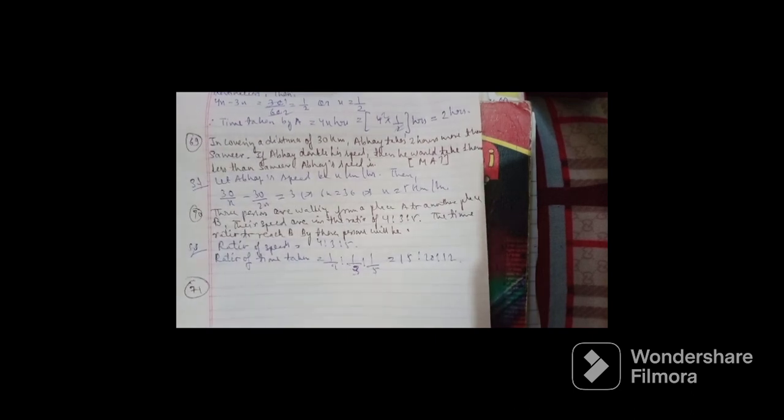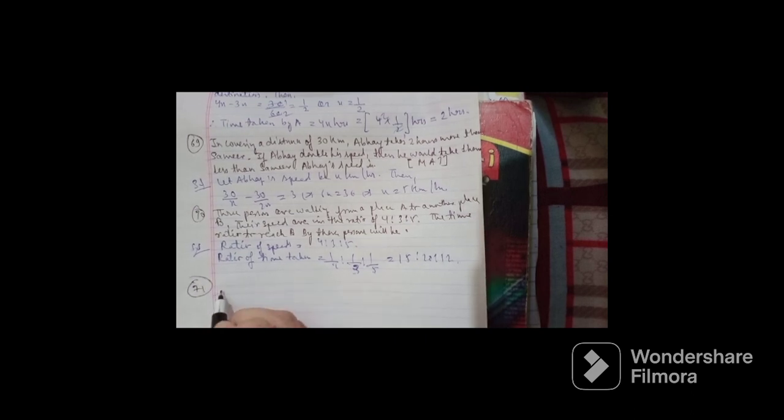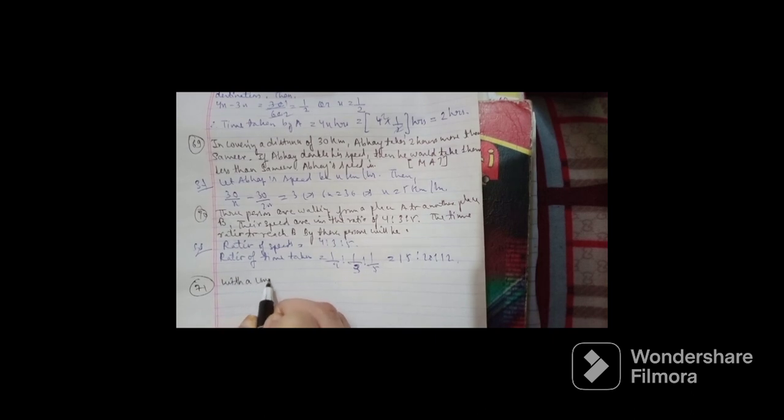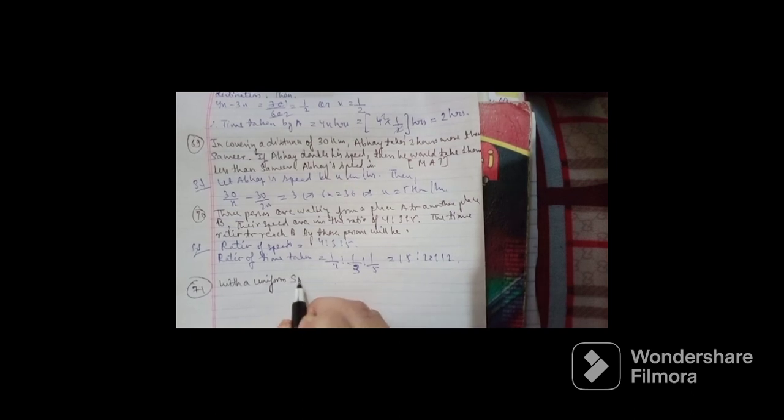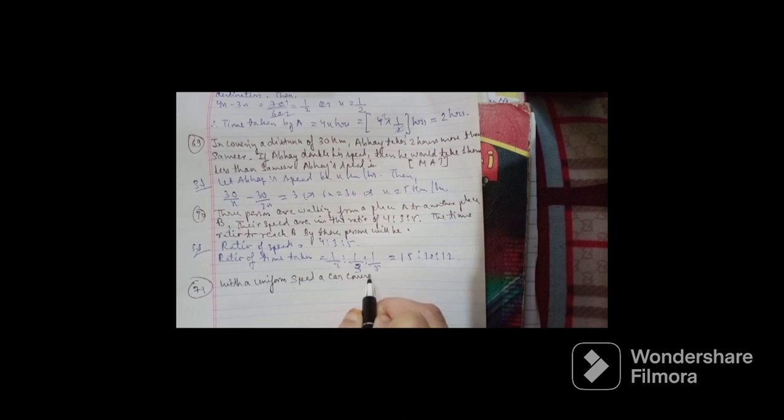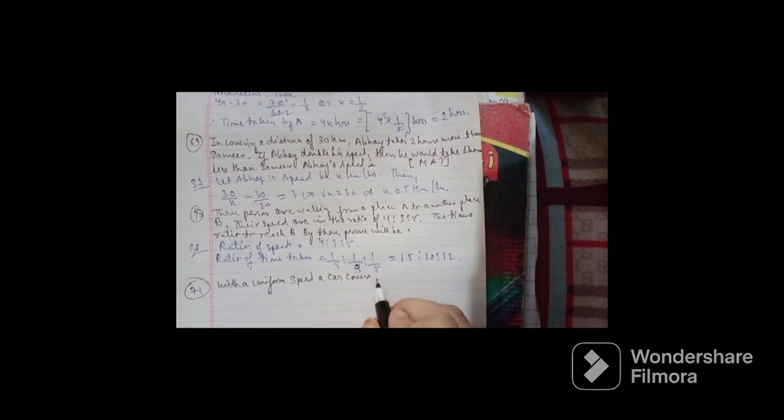So here we go for the same. With a uniform speed, a car covers the distance in 8 hours.